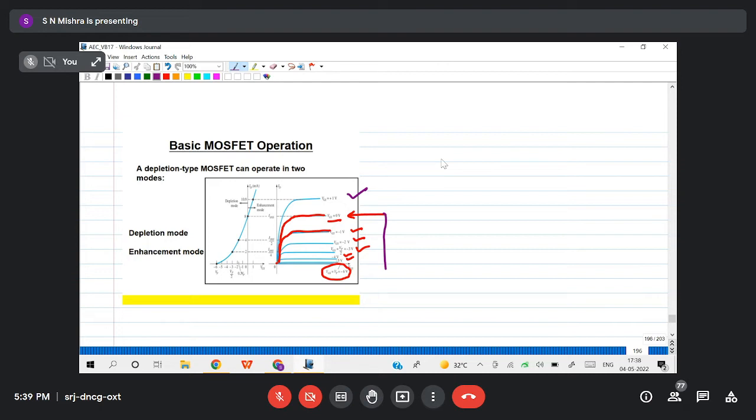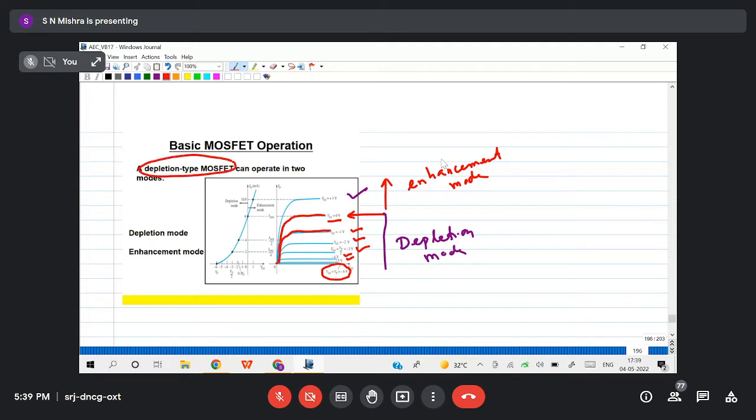This decreasing trend in current is called depletion mode, and the increasing trend is called enhancement mode. The name of the MOSFET is depletion type MOSFET.